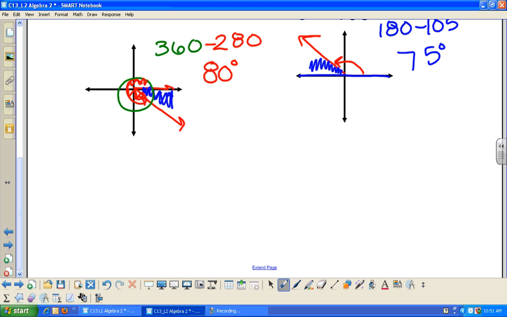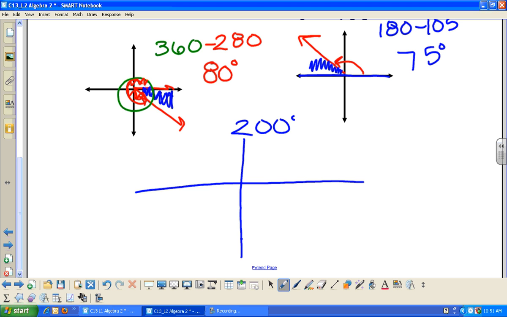On your notes in between those two sides, I also want you to include 200. If I'm looking for my reference angle, given 200, first I'm going to draw this out. It's going to be in the third quadrant. And here I'm looking for my x-axis and my terminal side.